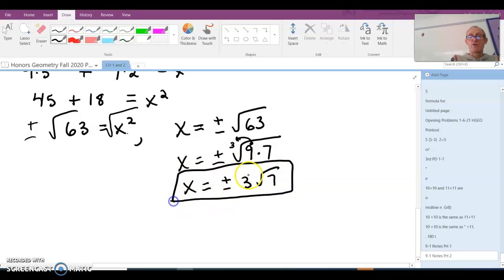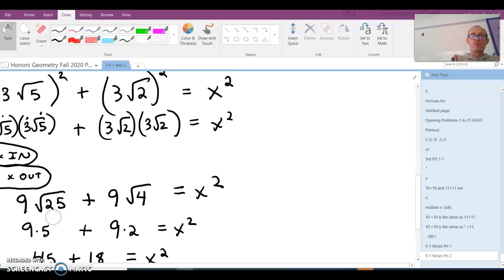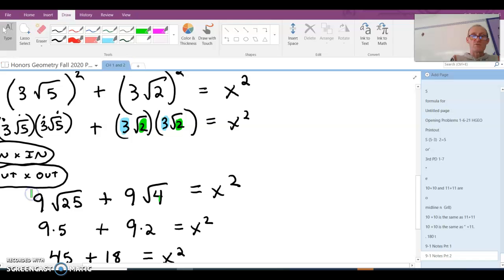That's two values. One is 3 times the square root of 7, and the other one is negative 3 times the square root of 7. Okay, so that's what that plus or minus means. So that one's a little more complicated because we have to remember in times in, or out times out, and then in times in gives me 9 times the square root of 4.